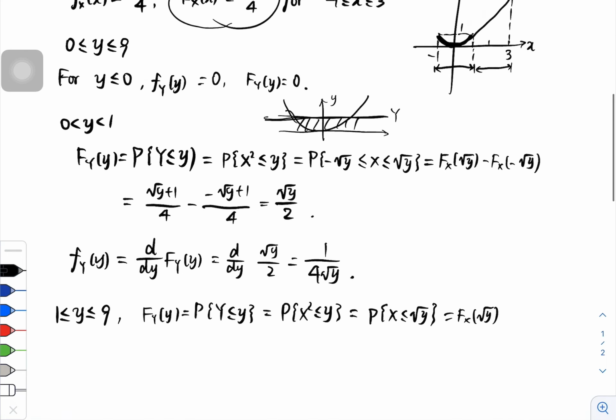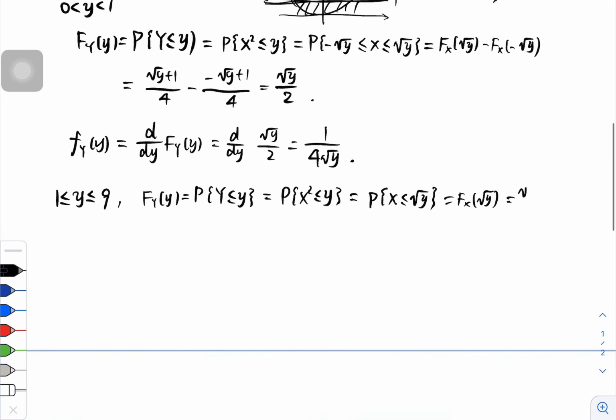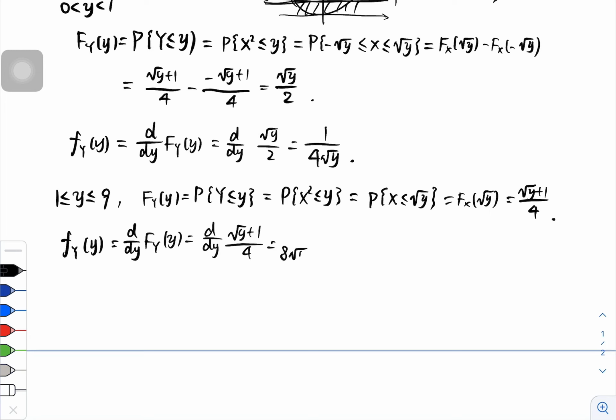As mentioned before, there is only one line in this range. So it is something like this. And the answer is this. And similarly, the density function of y is this.